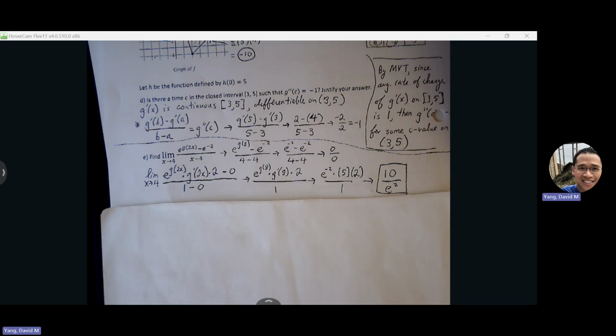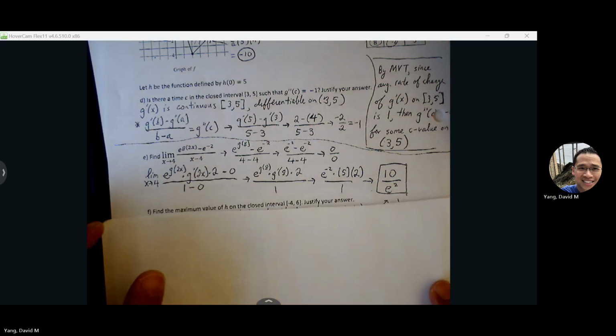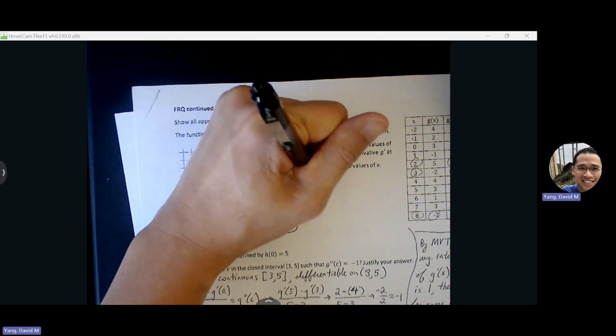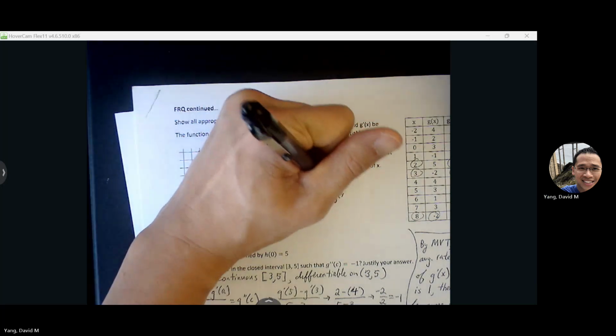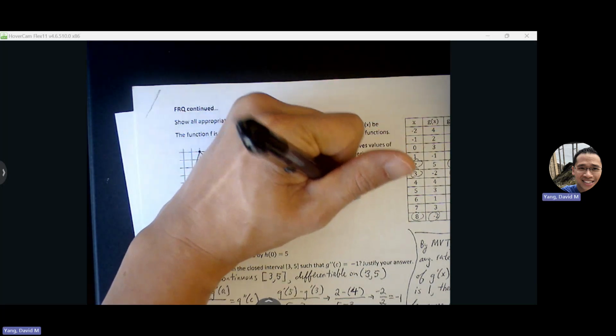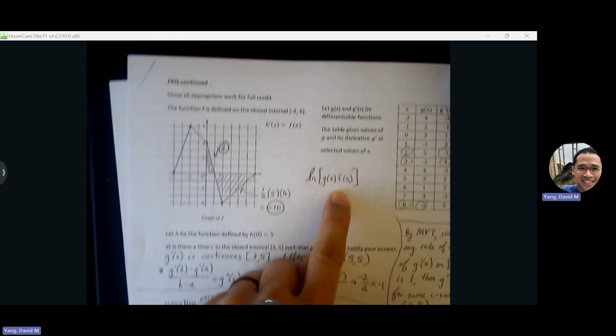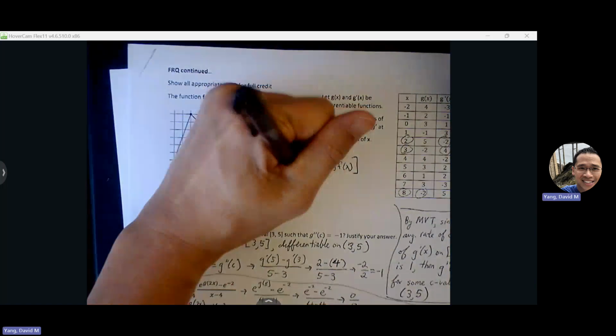I do want you to know how to expand logs. Expand. So like, if it was like natural log of g of x, f of x. And to find the derivative, before you find the derivative, I want you to expand it out.